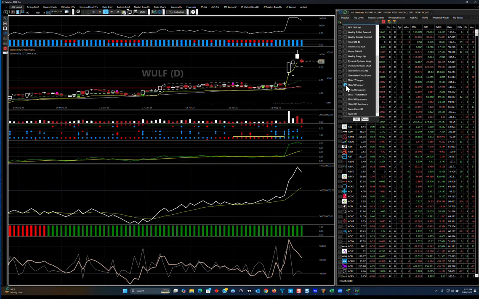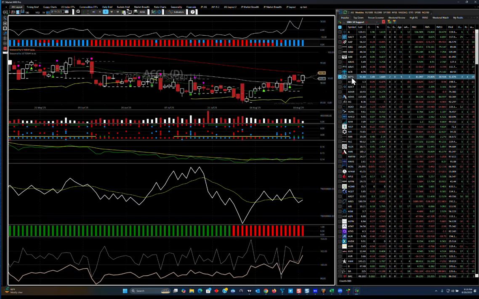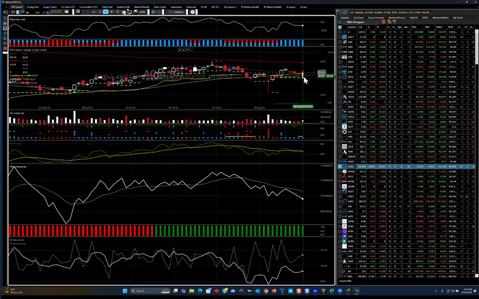Again, I don't know if it's working or not, we're going to find out the hard way. It's got to be within X percent of the 50. We were playing around. There's the 50. It's pulled down to the 50. That's not a good one to look at.